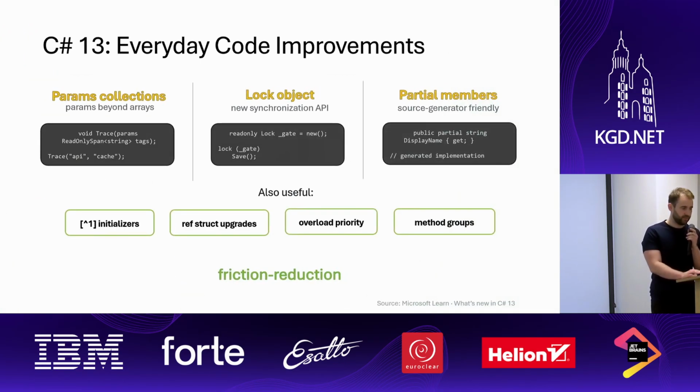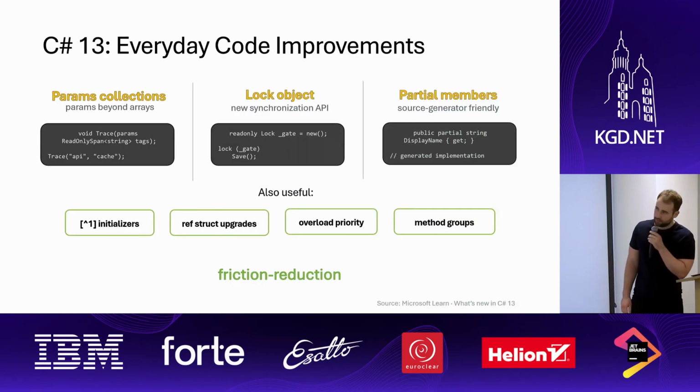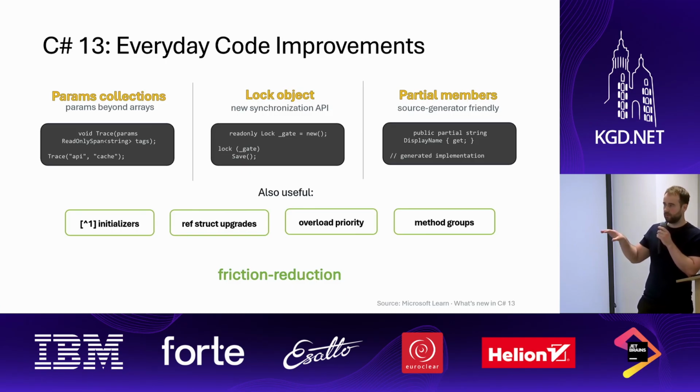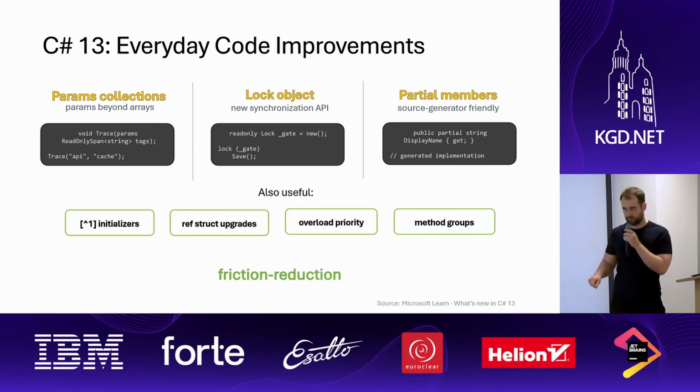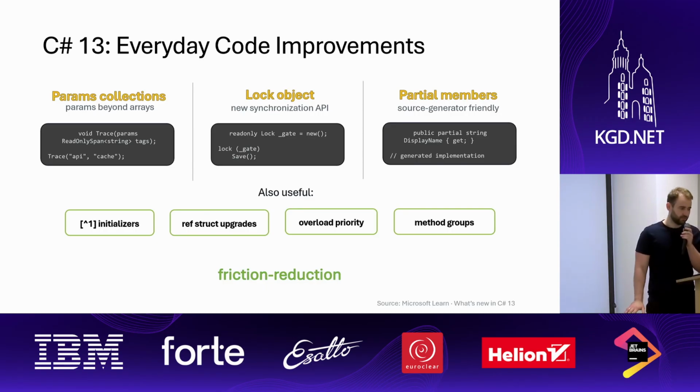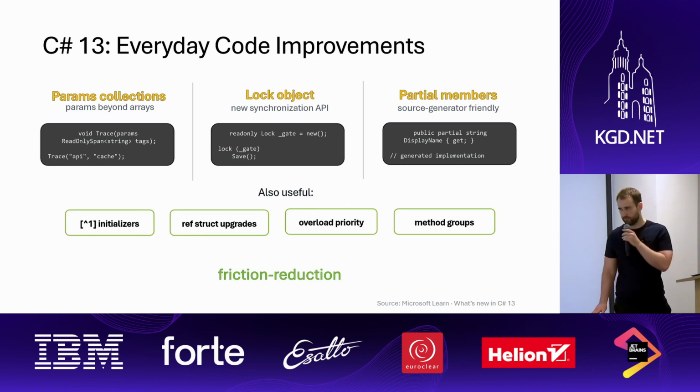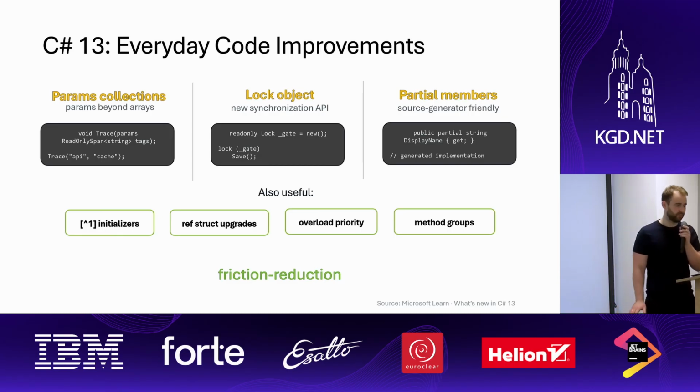In C# 13, we have params collection, we have specialized lock object, and we have partial members for source generators. Also collection initializers, some improvements for abstracts, method groups, and overload priority.